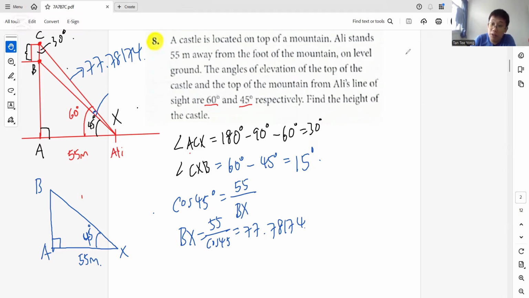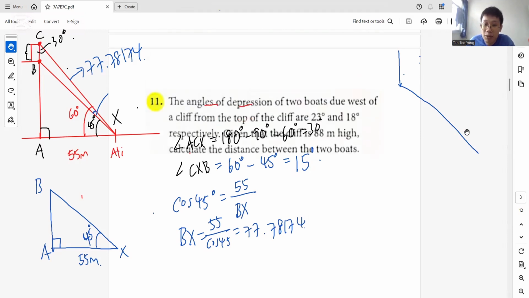For visualization, I'm going to draw out the diagram again, the triangle BCX, to make it clearer. Why cannot remove?